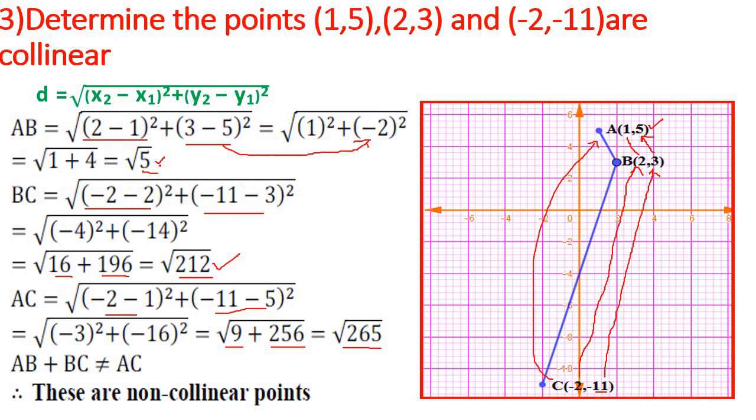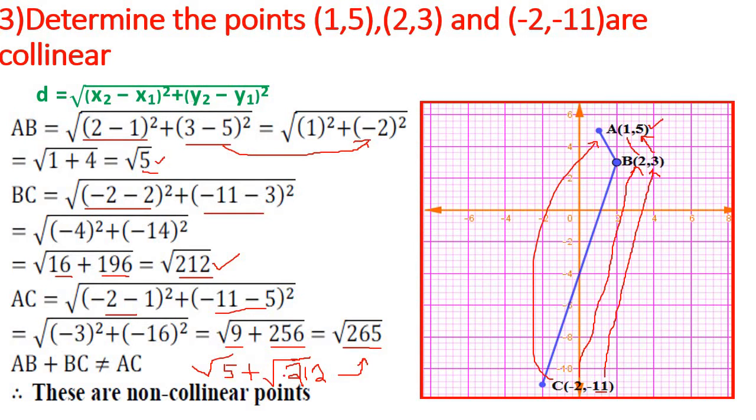Now here the value of AB is root 5. Then what is the value of BC? The value of BC is root of 212. So the sum of these two may not be equal to the length of AC.